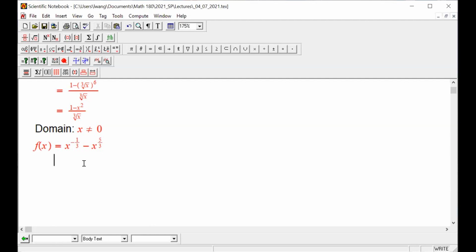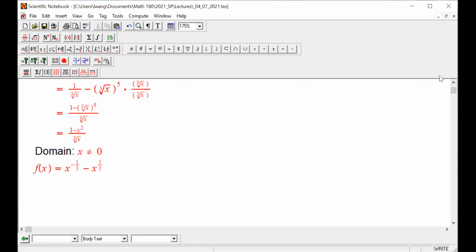What do we do? This piece is going to be about using these properties. b to the power of m multiplied by b raised to the power of n equals b raised to the power of m plus n.